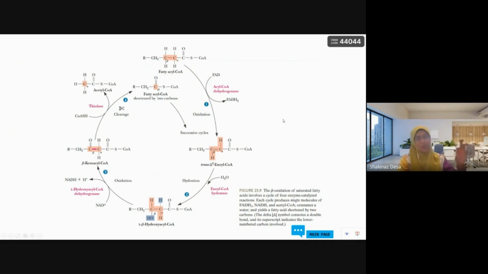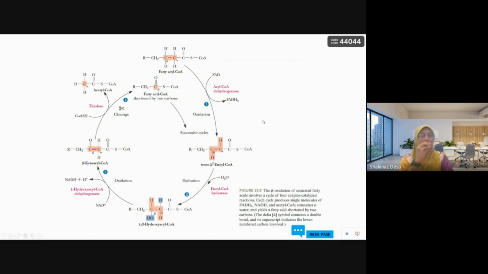Beta oxidation will take place where dia ada 4 stage yang as I mentioned earlier tu, ada process, all the processes will produce the energy molecule. FADH tu will produce into apa lagi? NADH. These are all energy molecules that will be further converted ataupun the energy will be carry in the molecule.